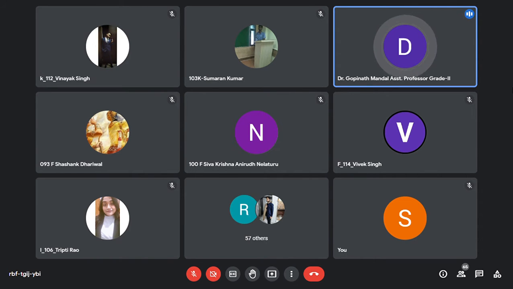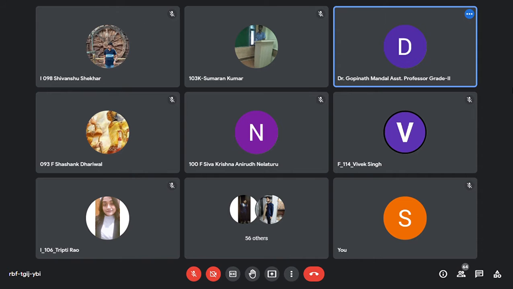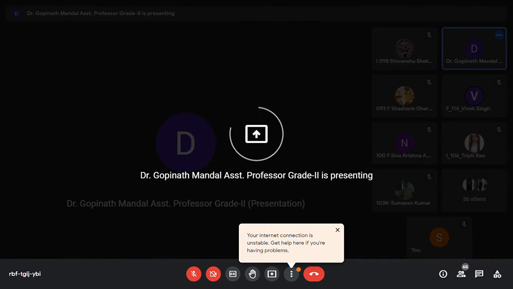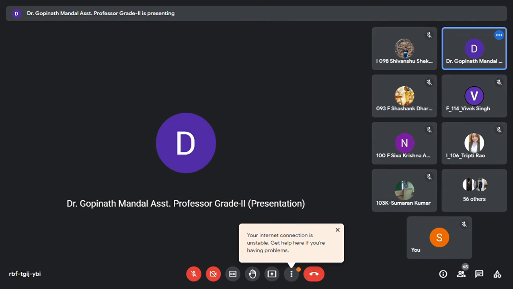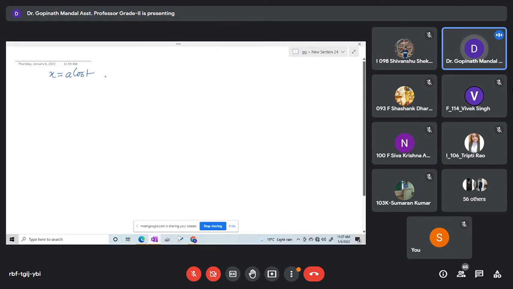Suppose a parametric curve is given as x equal to a cos t and y equal to a sin t.